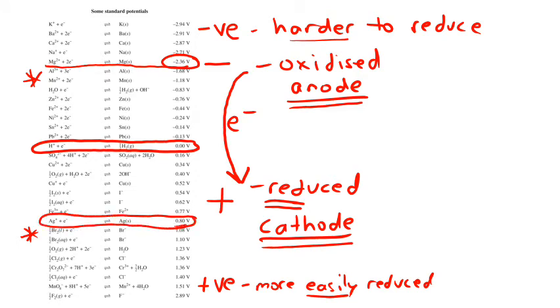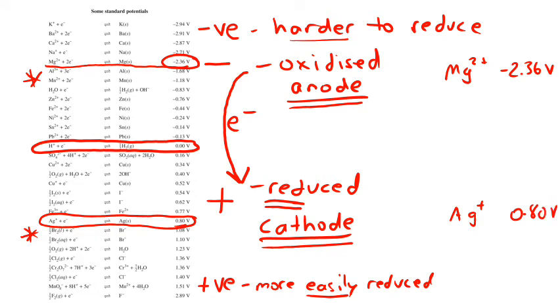Silver, 0.8 volts. It means it is very easy for silver to be reduced. So magnesium 2 plus, when it is reduced, the voltage is minus 2.36 volts. Silver, when it is reduced, the voltage is plus 0.80 volts.